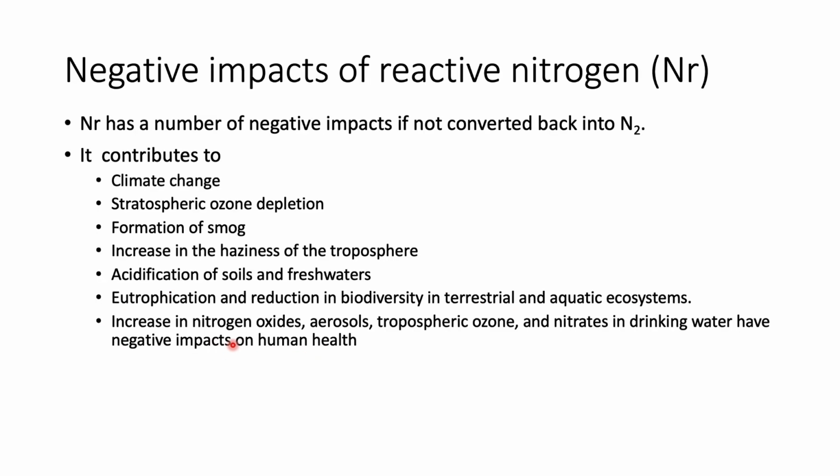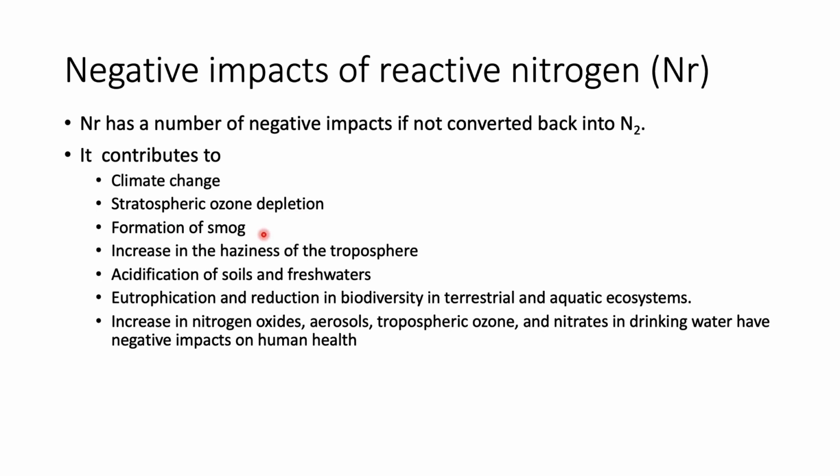So what are the negative impacts of anthropogenic reactive nitrogen? Reactive nitrogen has a number of negative impacts if not converted back to normal nitrogen, that is atmospheric nitrogen, which is harmless, non-reactive nitrogen. Reactive nitrogen contributes to climate change and stratospheric ozone depletion. We will look at the various reactions where ozone is depleted in the later part.